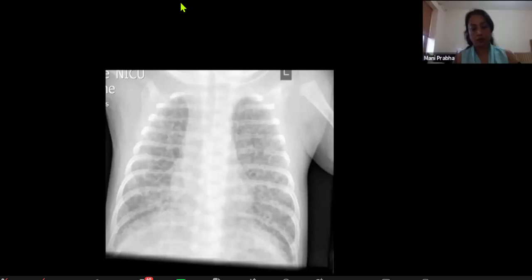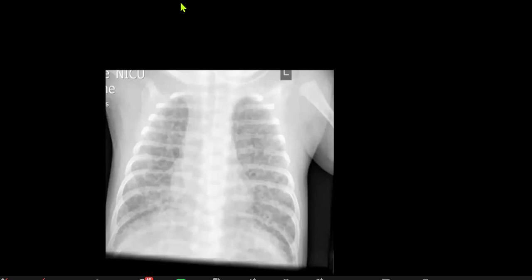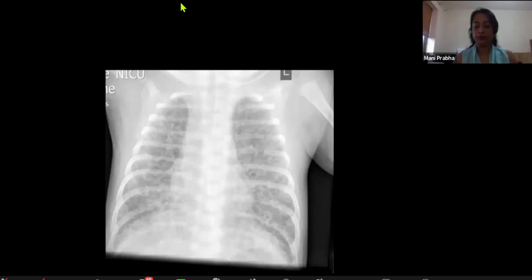Patient is being ventilated at the moment. Okay. Yeah, so I think there's reticular interstitial opacification with intervening lucencies, and I think this might represent bronchopulmonary dysplasia.